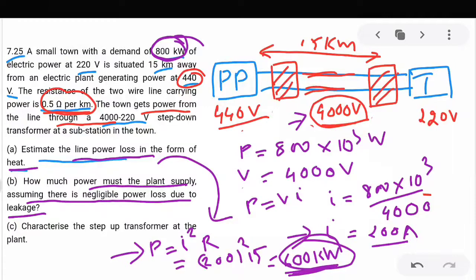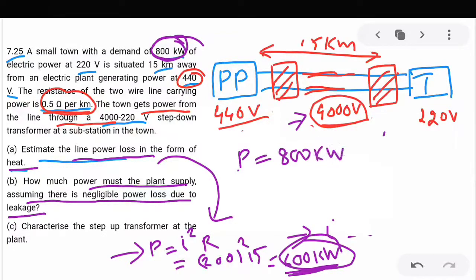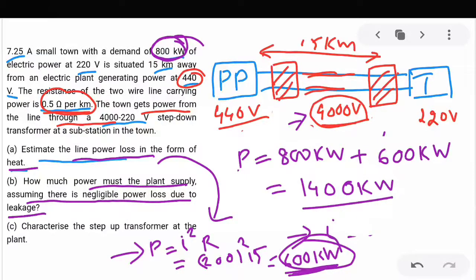Because 600 kilowatt is anyway going to be lost, the power that must be supplied should be equal to the required 800 kilowatt plus the loss of 600 kilowatt. So the power supplied by the plant should be 1400 kilowatt. So for part B, this is the answer, 1400 kilowatt.